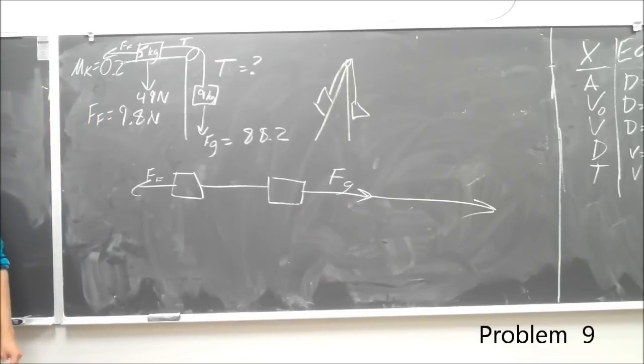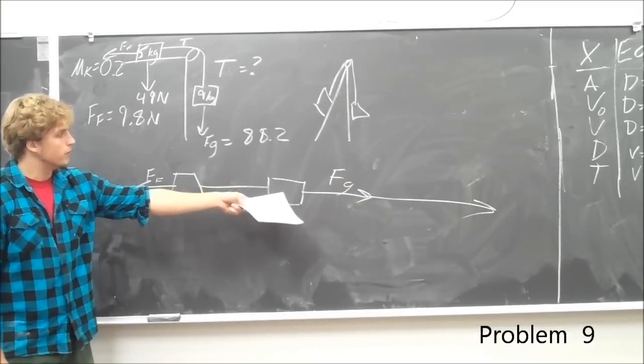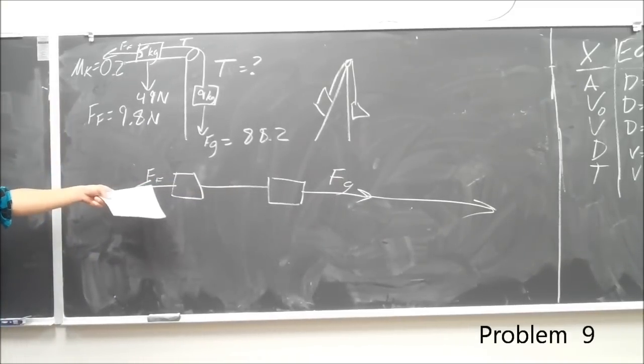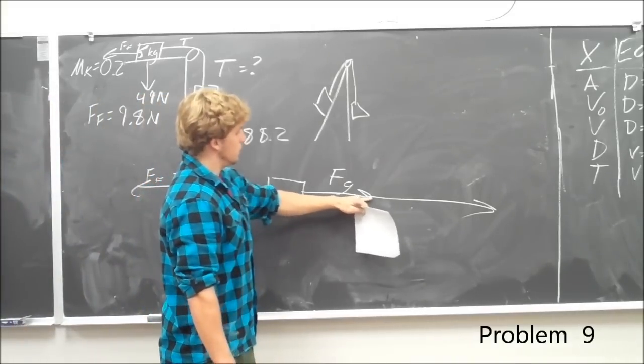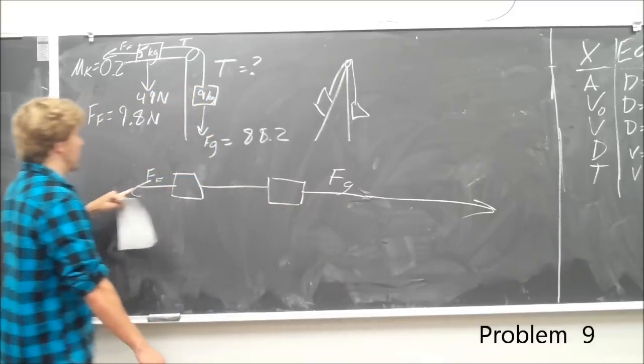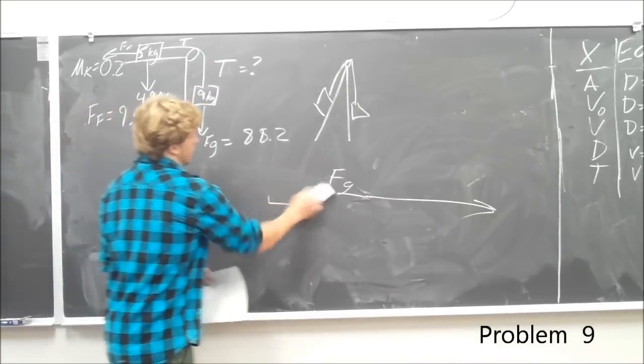Force of gravity is on the 9 kilogram. This is the 9 kilogram box. This is the 5 kilogram box. So basically, you take this big vector and subtract this little one to get F net. That's what you want to do.